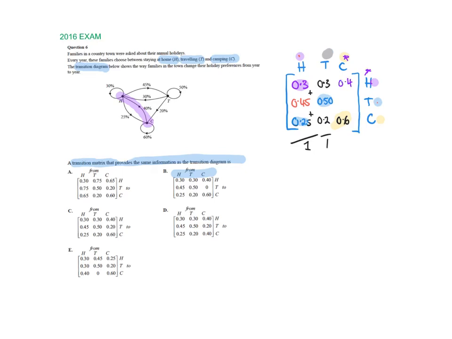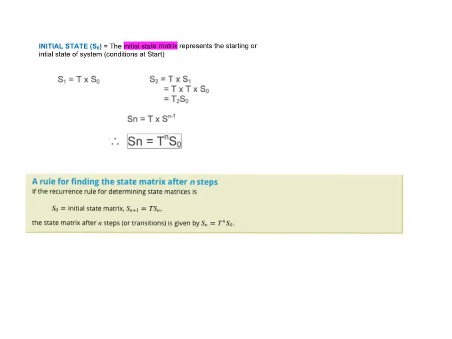Now because this has to add up to 1, these two numbers already, so that one must be 0. So we're looking for this answer here, which I believe is actually B. So there's that answer.